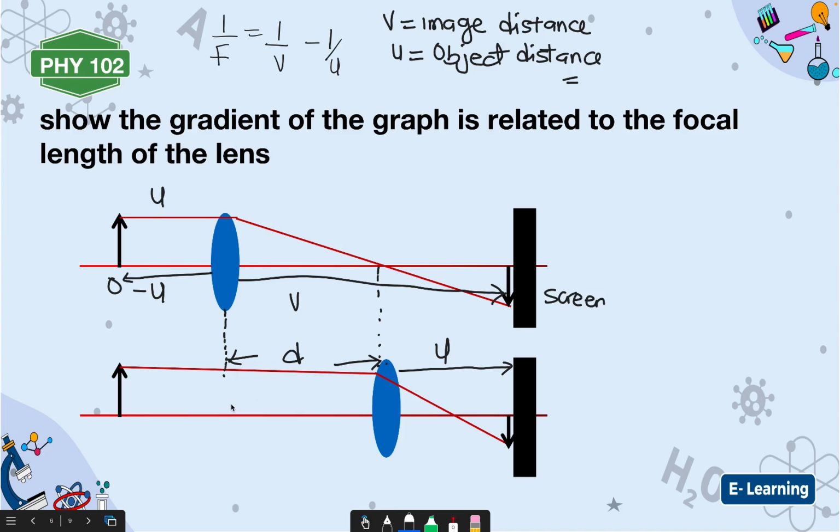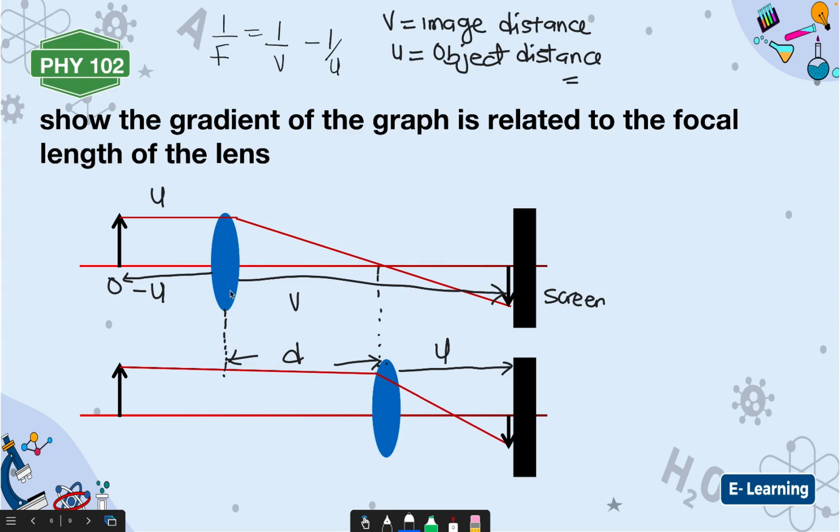Now, why is it manipulative? Listen, you already said this is your U, because I said that the distance between the object and the lens must be equal to the second position between the lens and the image that will be formed. All right. Now, do you know that from here to here is our D?